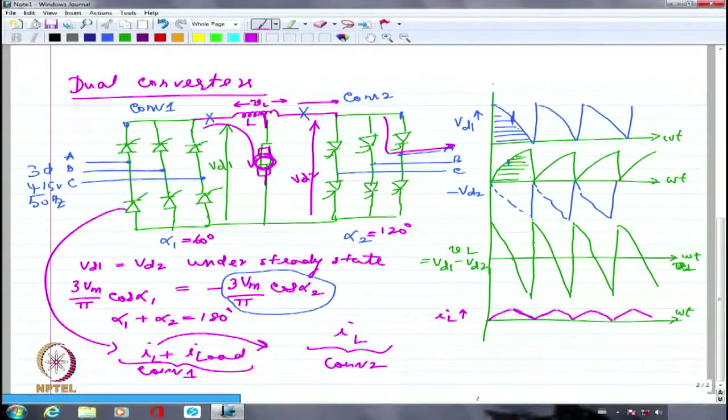At alpha equal to 60, maybe this is 220 volts. So this will also be 220 volts, obviously, only with the opposite sign, as simple as that. And maybe this is 210 volts back EMF. I want to bring down the speed.